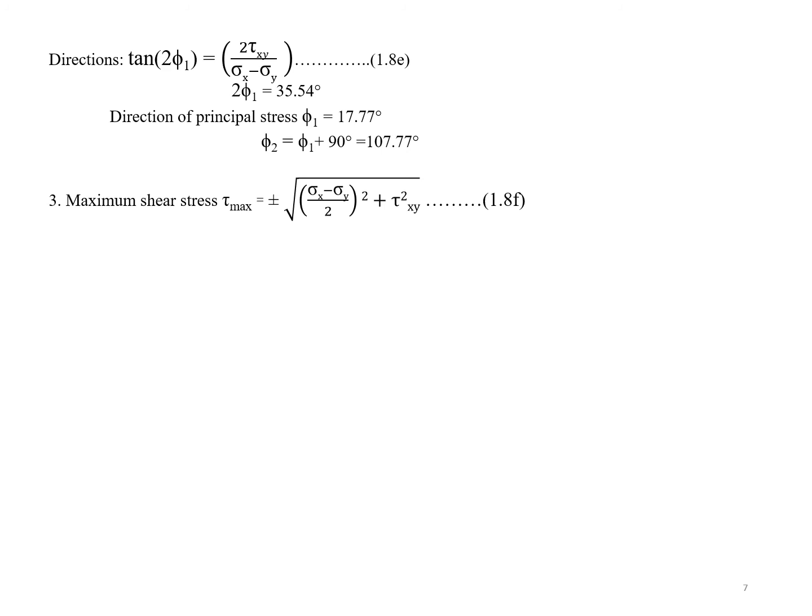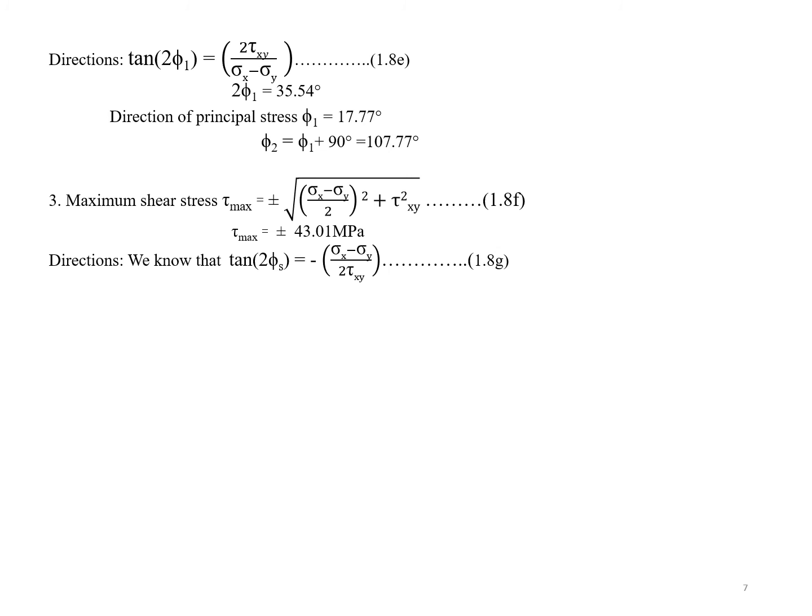Coming to the maximum shear stress tau max, you get the equation root of ((sigma x minus sigma y) by 2) whole square plus tau xy whole square. So tau max comes out to be 43.01 megapascals, and its direction can be got from the equation tan 2 phi s1 is equal to minus (sigma x minus sigma y) by 2 into tau xy.